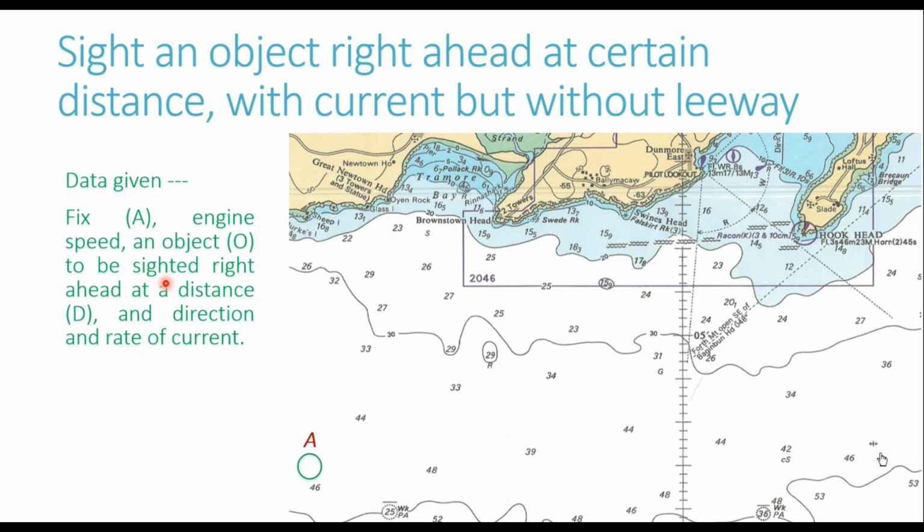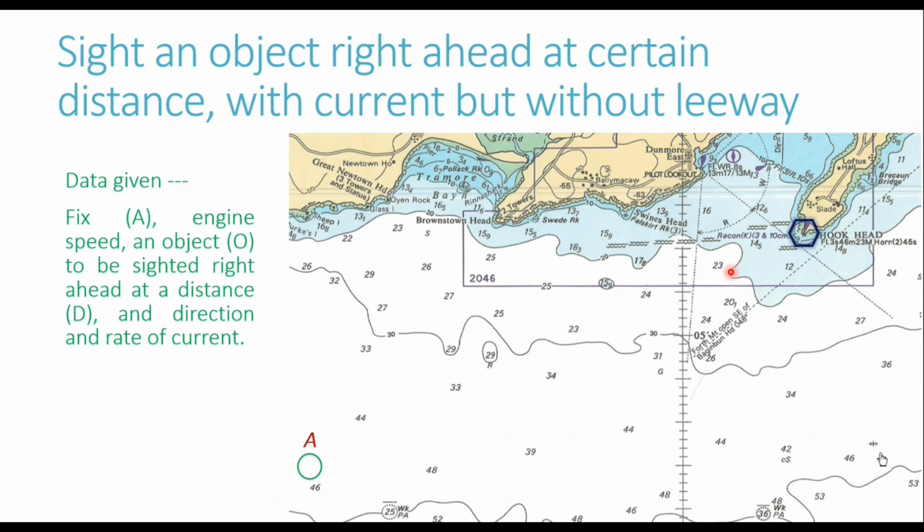So let's try to plot this information onto the chart. We have the chart on our screen. Let's first plot our initial position. You can see the initial position marked by this green circle. Let's name it A. This is our initial position.